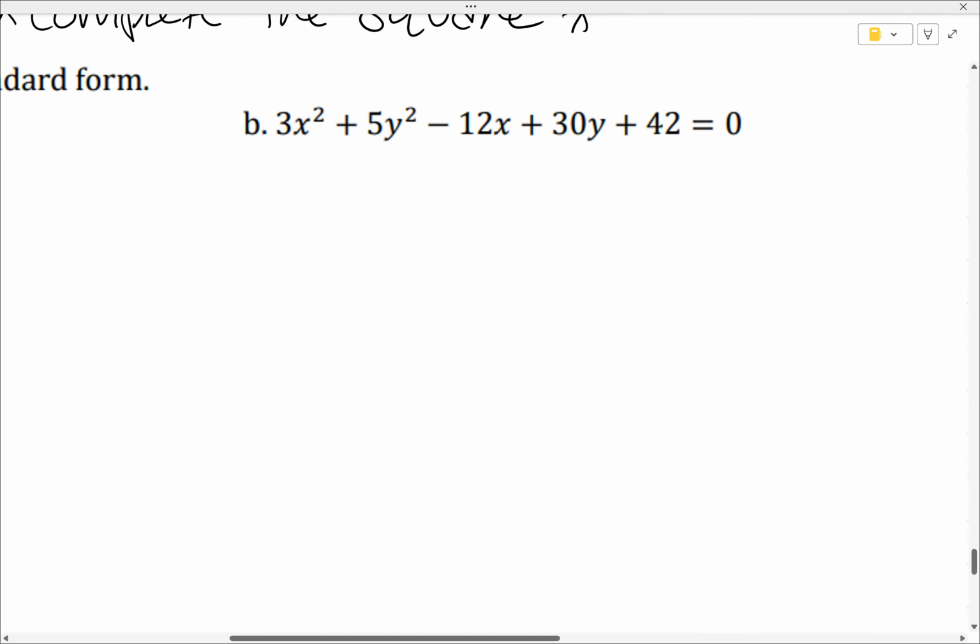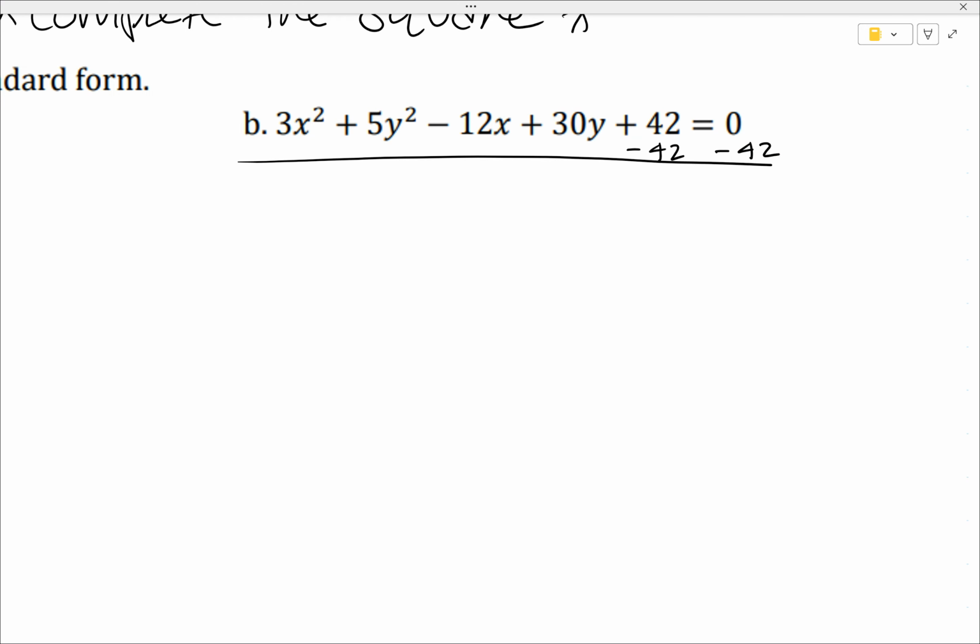All right, question B. We start off the same way. We're going to move our constant to the other side and rearrange so we have all our variables next to each other that go together. My y's together, and negative 42. In order to complete the square, we need our a value to be 1. So we're going to factor out the a value from the x squared and the y squared separately.